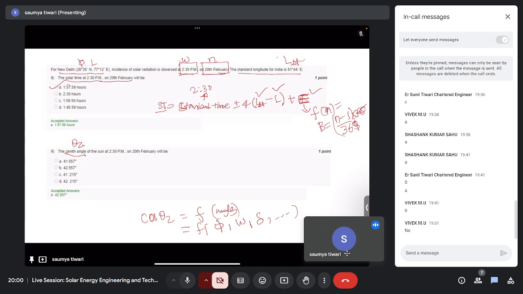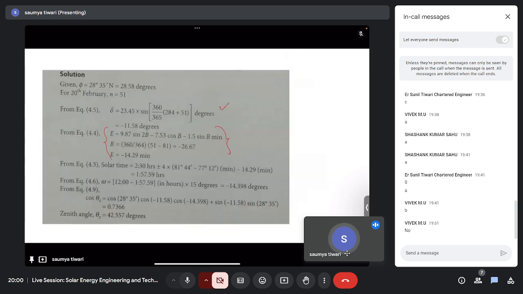So from N we can calculate delta, and based on the solar time that we have got, we can calculate the omega. For 1 hour we have 15 degrees, so based on that, we can calculate the hour angle.